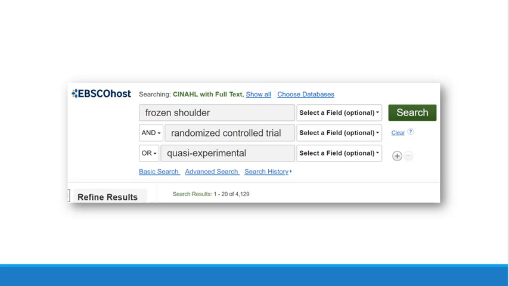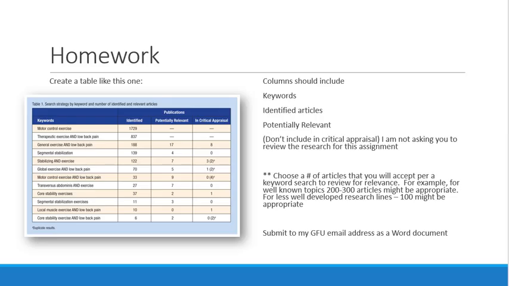That could include prescription medications. That could include surgical procedures that only had a pre-test, post-test, and no control group. So you can see how it can get really overwhelming or challenging.